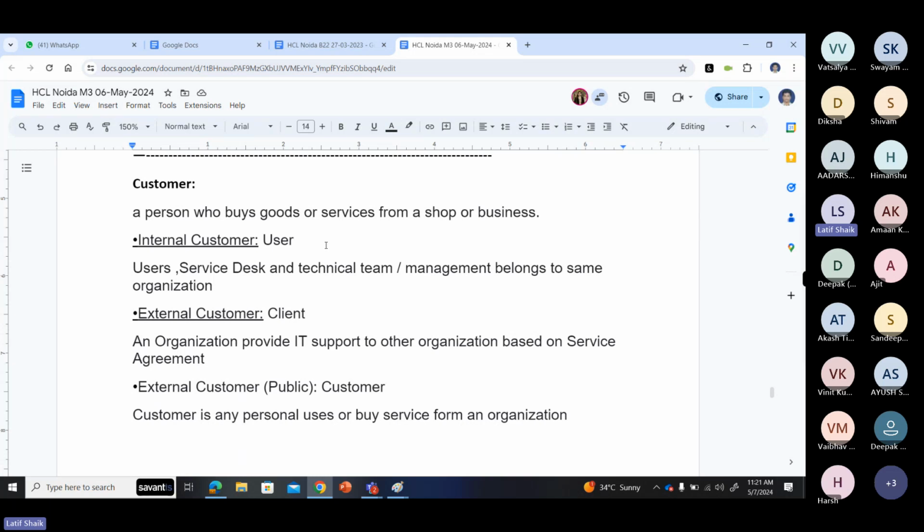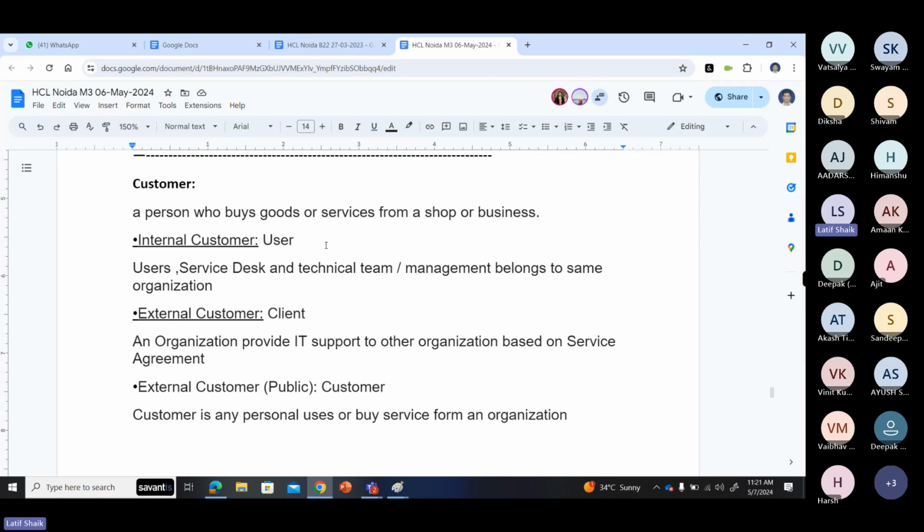If you go and buy something like a biscuit packet from a shop, you are also a customer. If you have taken internet services, you are a customer. If you are buying a Dell laptop, you are a customer of Dell. My organization purchases Dell laptops from the Dell organization, so the organization is also a customer.